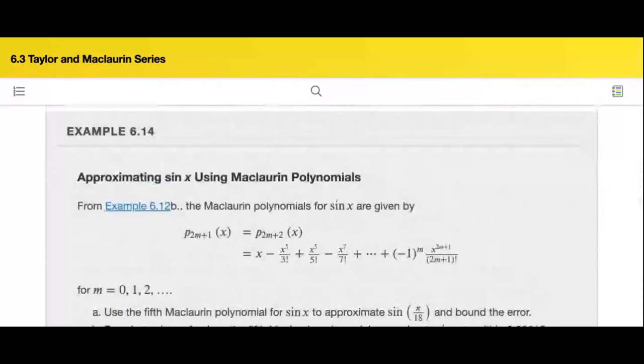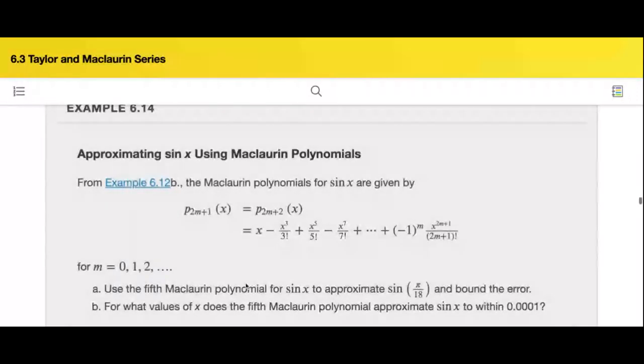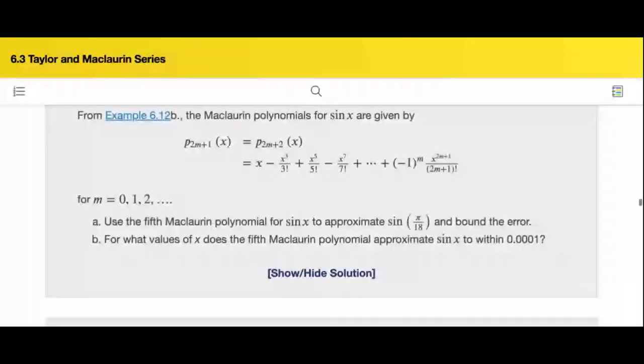Let's see this example. Approximating sine x. Sine x is just a trig function, and we can use a Maclaurin polynomial to represent sine x. And of course, we can do that for e to the x power, and cosine x. I think we calculated it before, right?